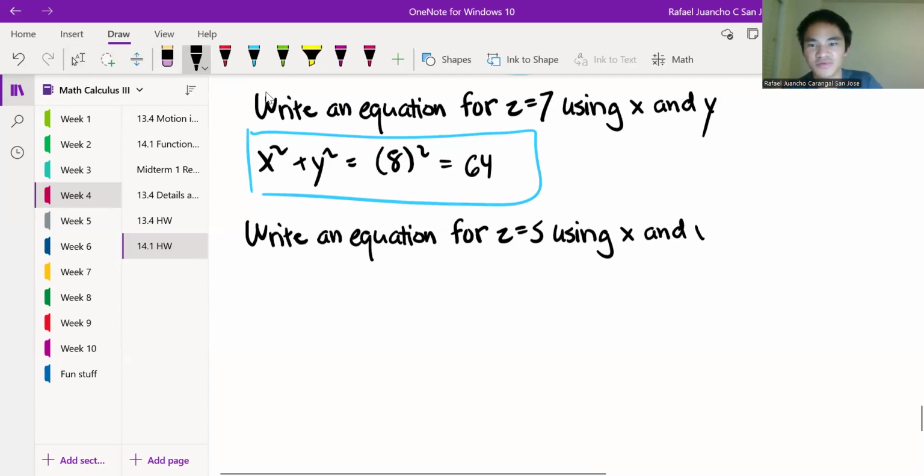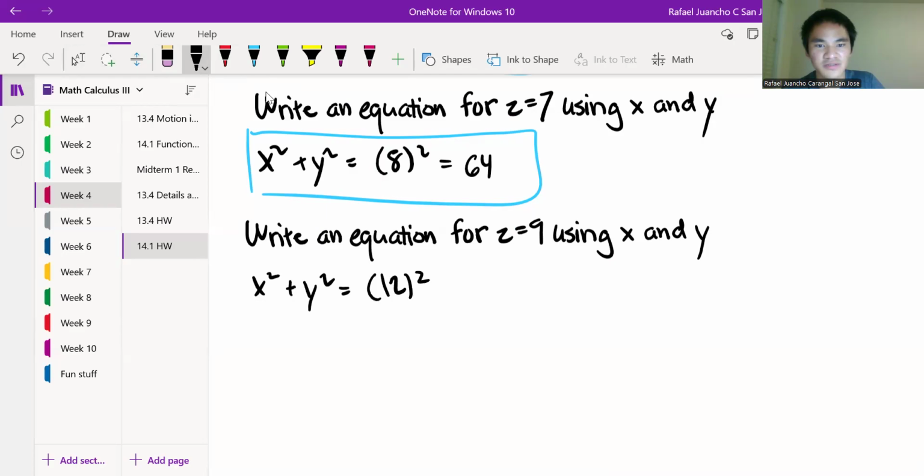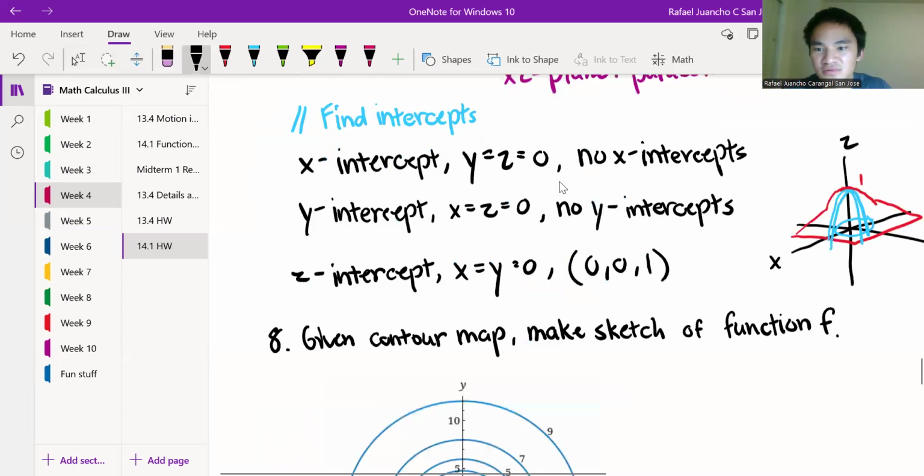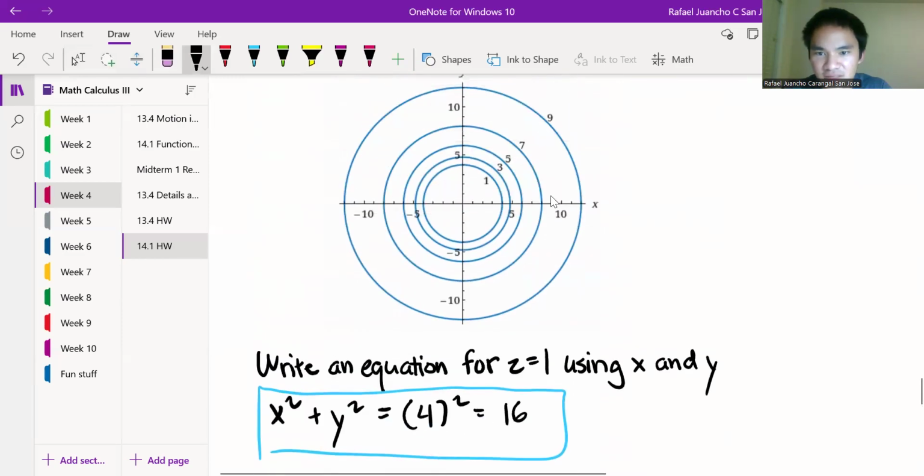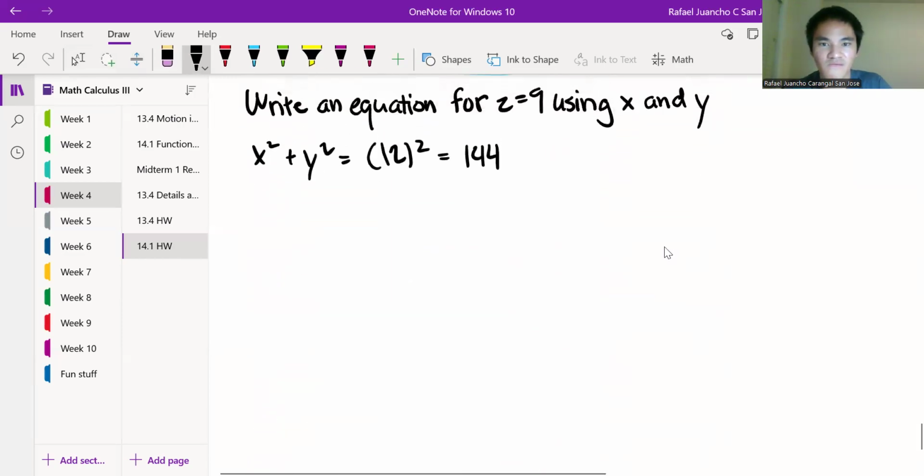Oh, there we go. Okay, then this is 9. I get 12 as my radius. And so 12 squared is just 144 if I did my math correctly. Yeah, I would say it's this.